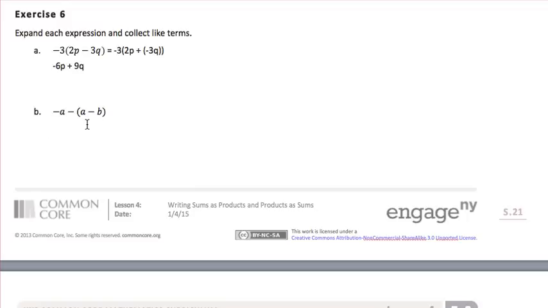And in 6b, again, wow, lots of negative signs here. So let's change the subtraction inside the parentheses first. Keep everything else the same, negative a minus. We're going to do a plus the opposite of b, which is negative b.